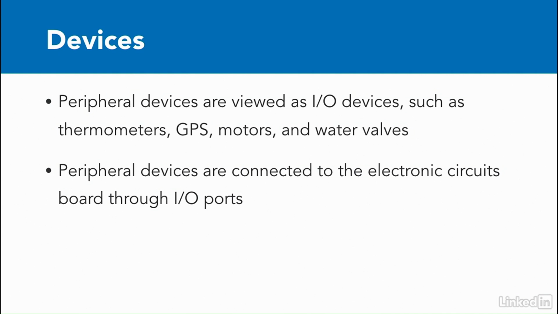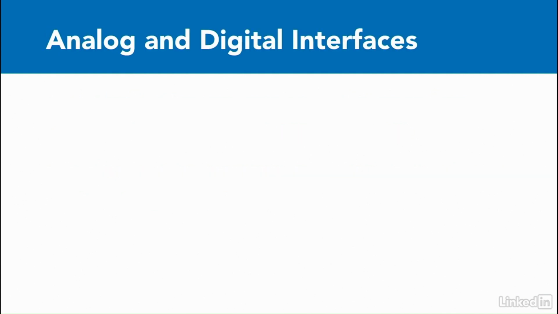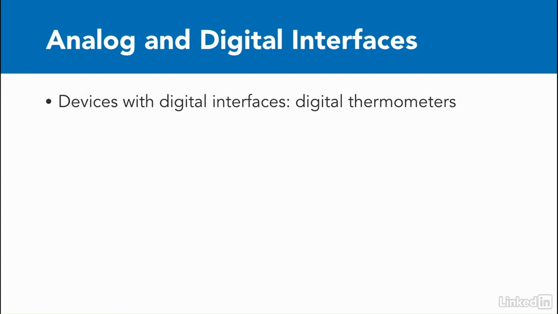Now, let's look at how physically the I/O devices are connected to the CPU of the board. Simply put, they connected to the CPU as peripherals through the analog or digital interfaces, although there are some extra electronic circuits required. Different devices provide different interfaces. Some are analog while some are digital.